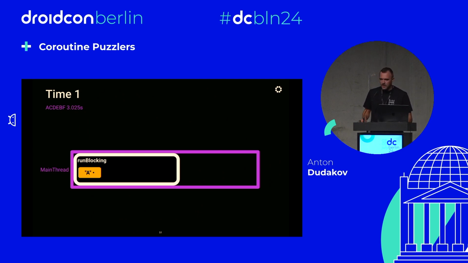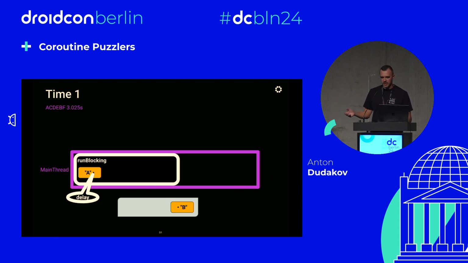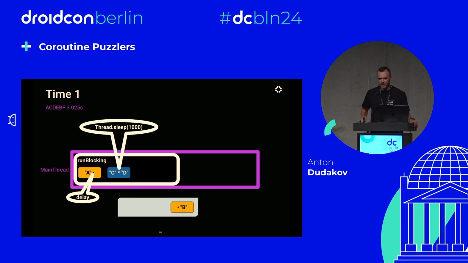Yeah. We launch the first coroutine. It prints A and then it suspends. Delay is a suspend function. The rest of the coroutine goes to the queue of tasks. Then we launch the second coroutine. It successfully prints everything because it does not suspend inside of it. It just interrupts the thread for 1 second, and it prints both.